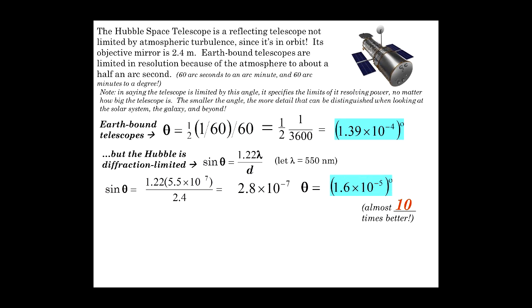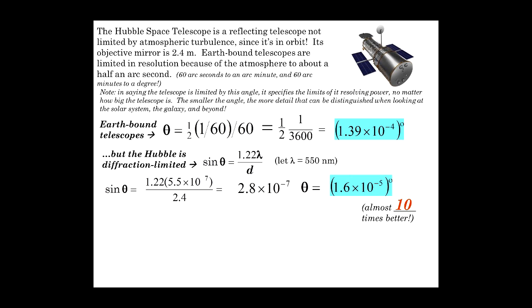which is almost 10 times better than what you get with the limitation from other factors that are not intrinsically non-overcomable, as is diffraction. So this is the best it could possibly do, and it is doing that.